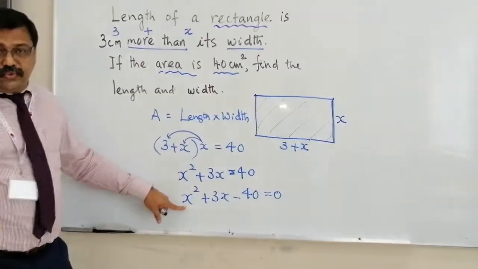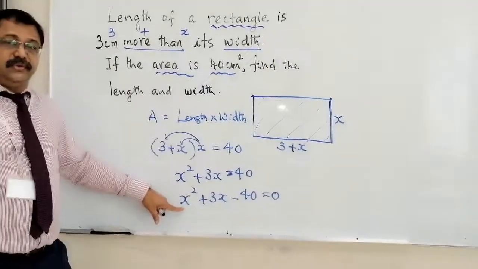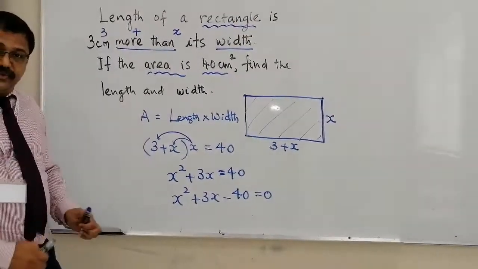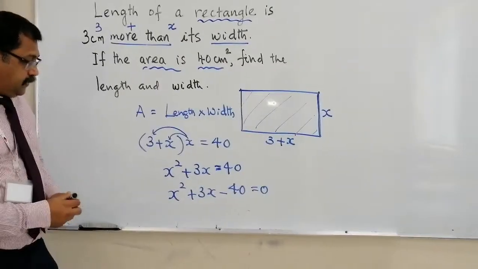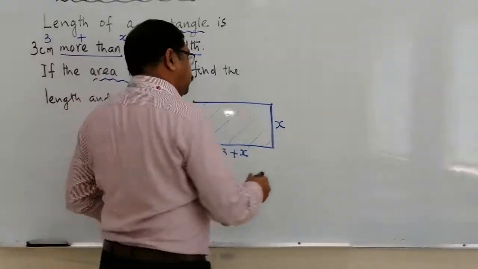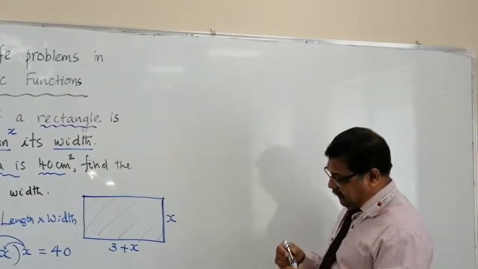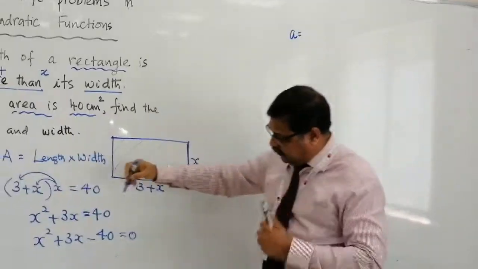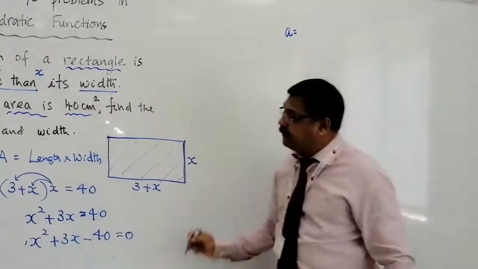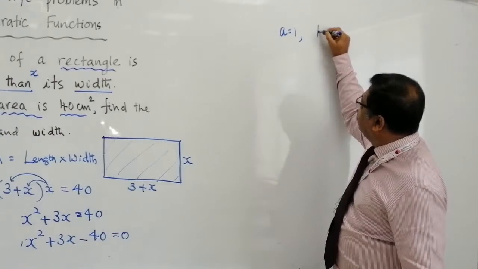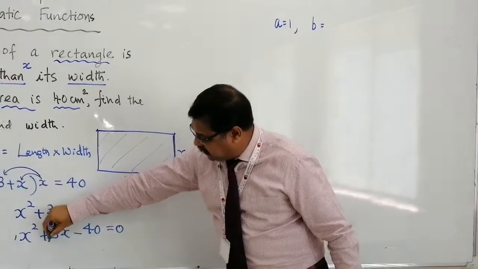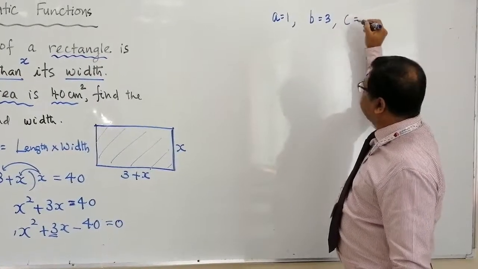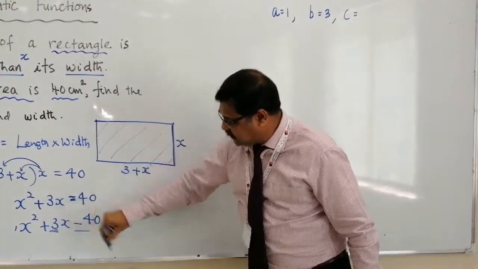Now we know how to solve the quadratic equation using the quadratic formula. For that, let us see what are the values of a, b and c here. The value of a is 1 here. b is 3 and c is minus 40.